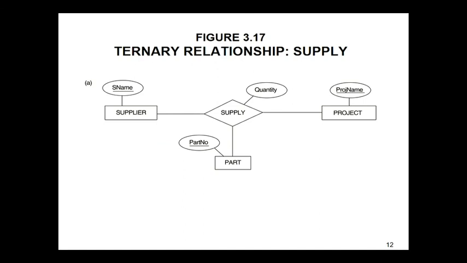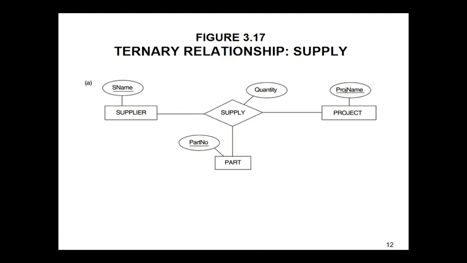So again, in our example here, given a supplier and a part for a project, I want to know the quantity of that part that was supplied for that particular project. So again, you're reading all three of them together. Everybody okay with that?